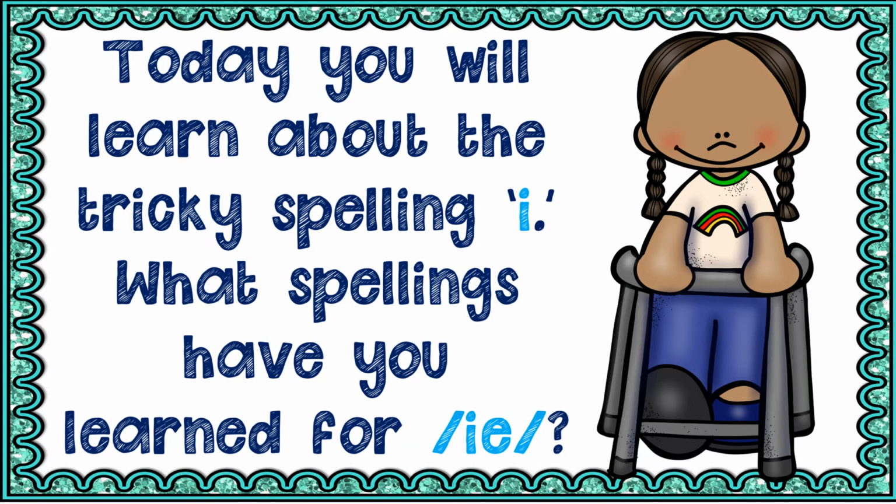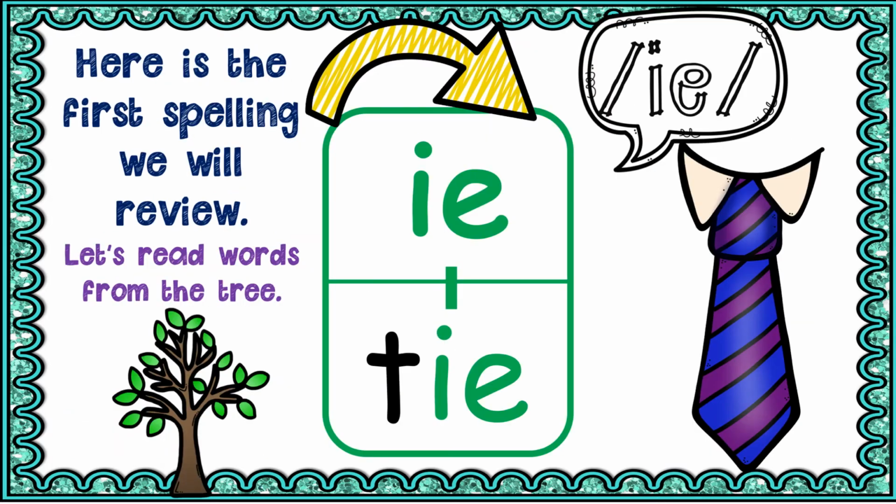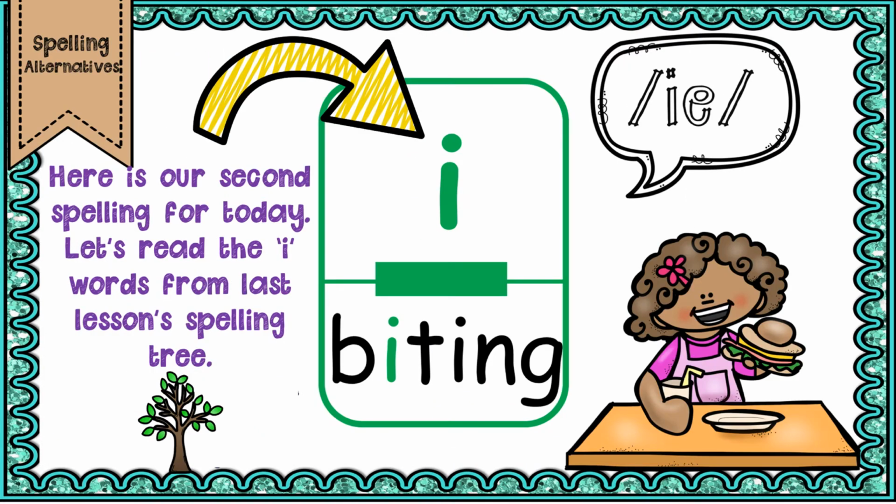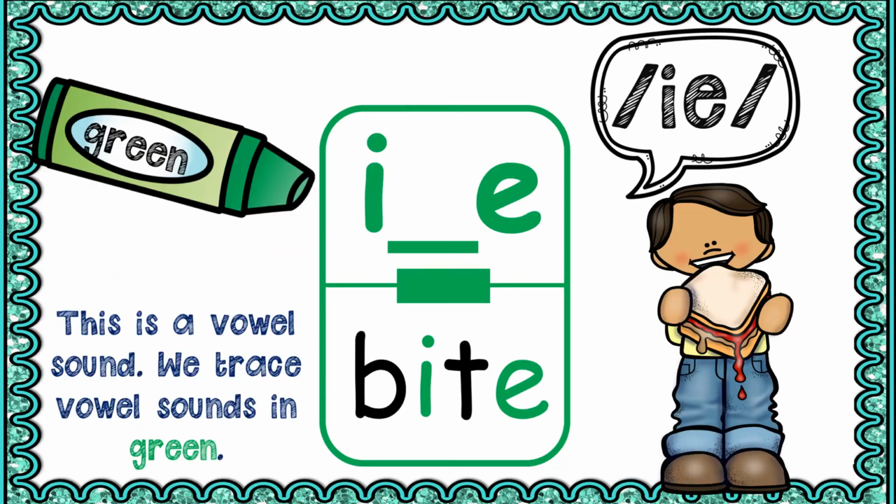Today we will learn the tricky spelling I. What spellings have you learned for the I sound? I-E as in tie. Biting, the I can say I also. Now remember, this word would have a sneaky E in it for bite. So your sneaky E can make it say I.